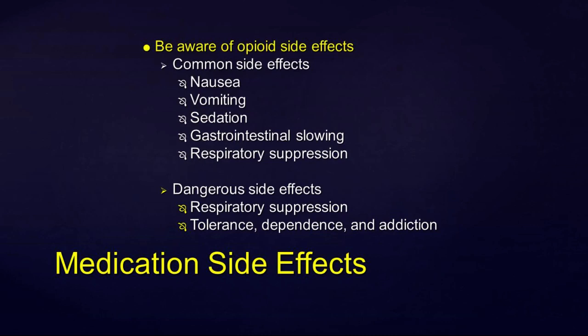And the gastrointestinal slowing, people have digestive issues, and constipation is a big side effect from opioids. And then the respiratory suppression, they're not breathing as well, and we know we need oxygen for healing, and we need to breathe to get oxygen. So there are some pretty serious side effects from opioids.